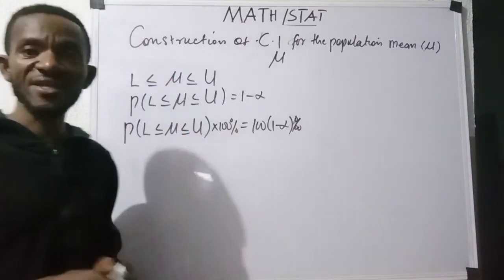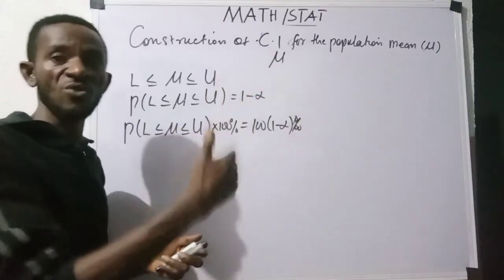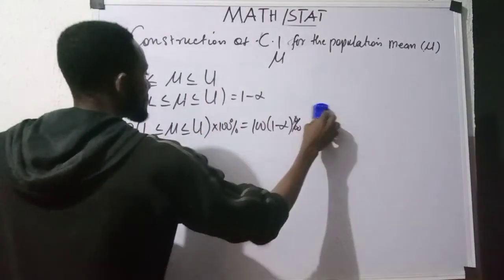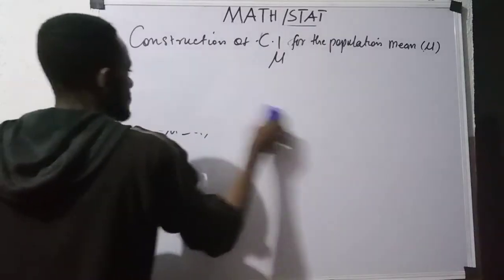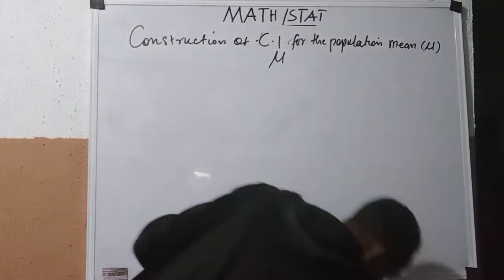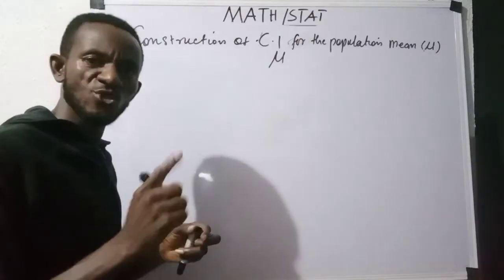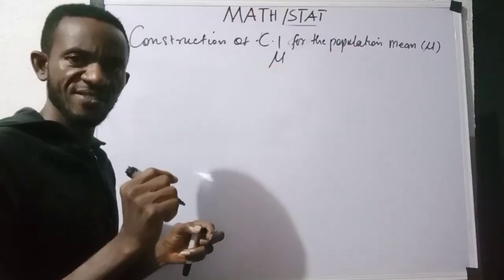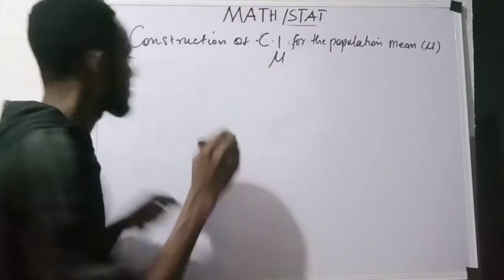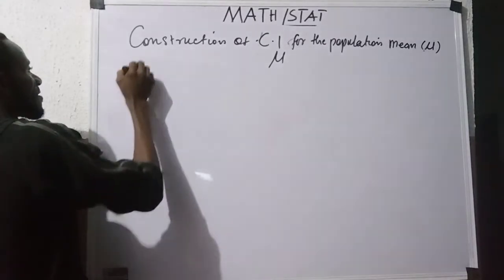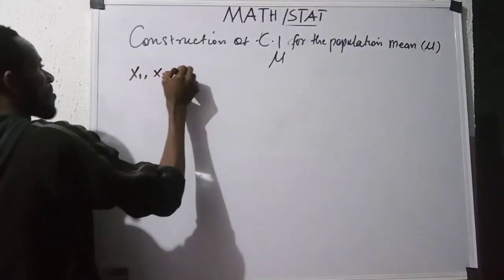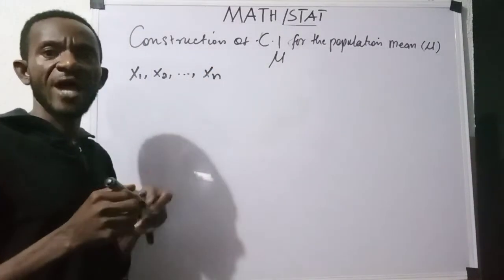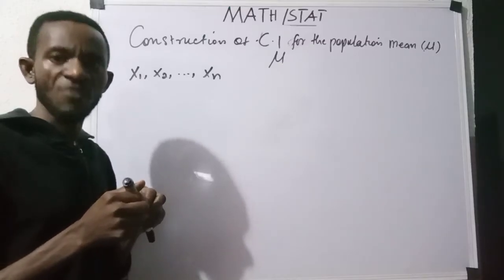And on that note, we now take samples. We are saying that assuming we take random observations from the population of interest, and these random observations are X1, X2, up to Xn, and these observations are independent of each other.